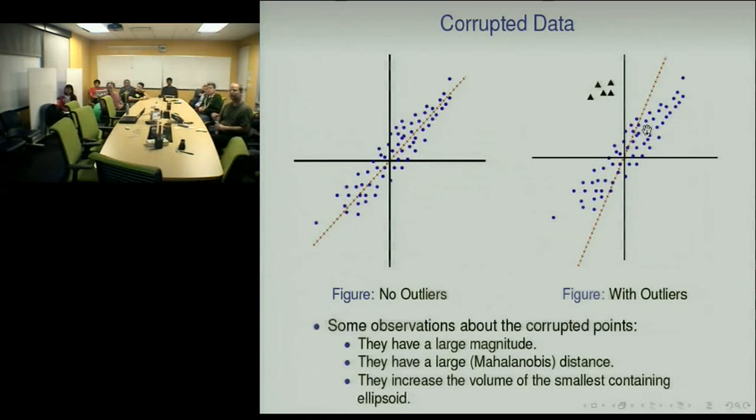Because here are some things you can do. You can discard those samples that have large magnitude, or large Mahalanobis distance. Or you can look at the ellipsoid that covers most of the data, and then expand it little by little. Once you see that if you expand it a little, you don't gain much, but when you expand it by much, you do gain much, you can cover this set and discard everything else.